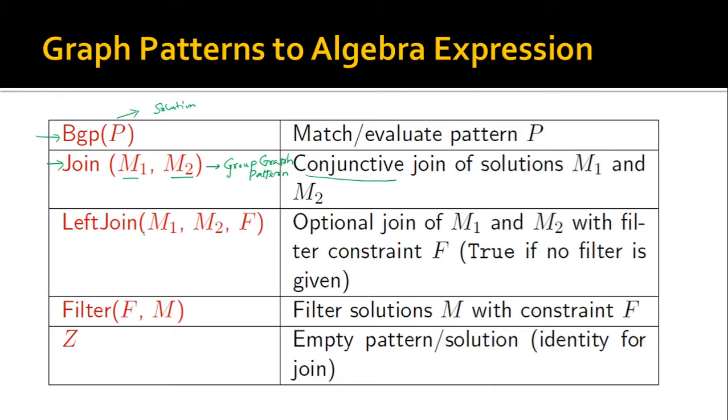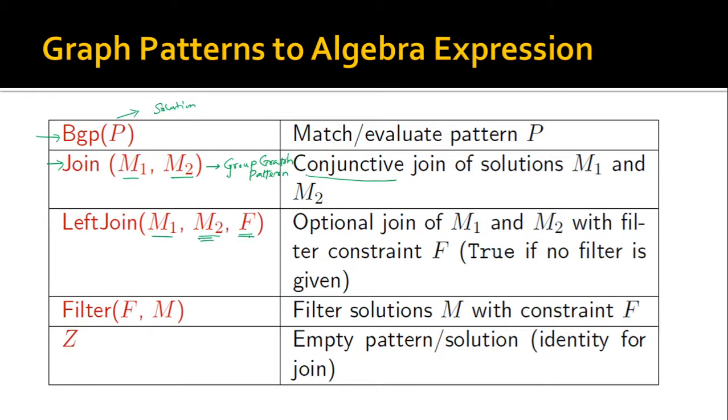Now this left join is a kind of optional join between two solution sets, right? Now you can see that there is something called F here. So F is basically a filter, right? Now it might so happen that one of these entries, specifically M2 part of it, can contain a filter or constraint which you need to satisfy.